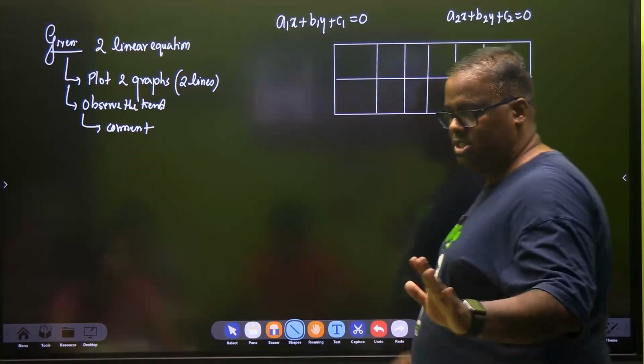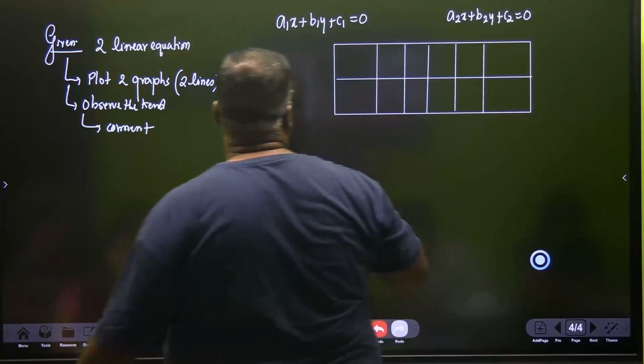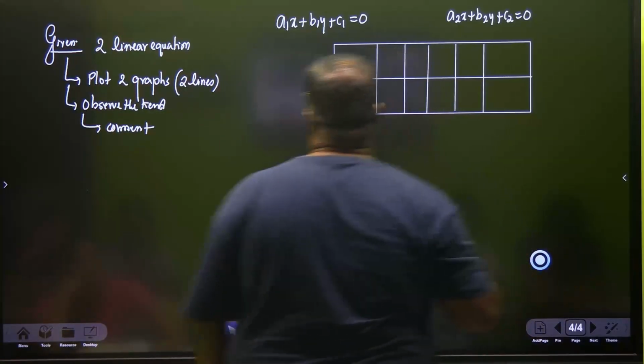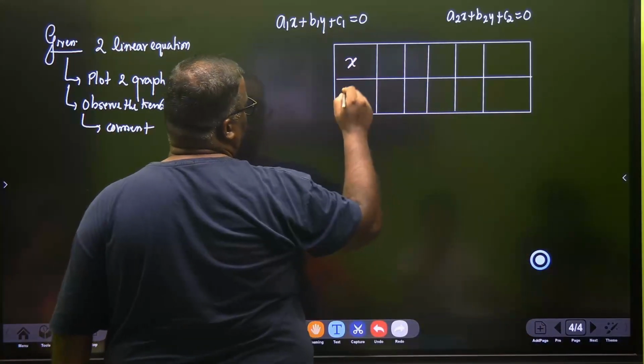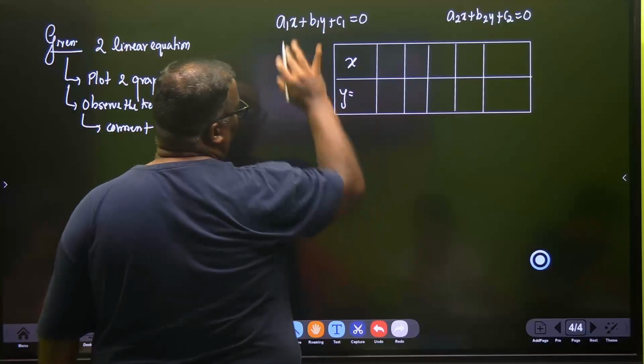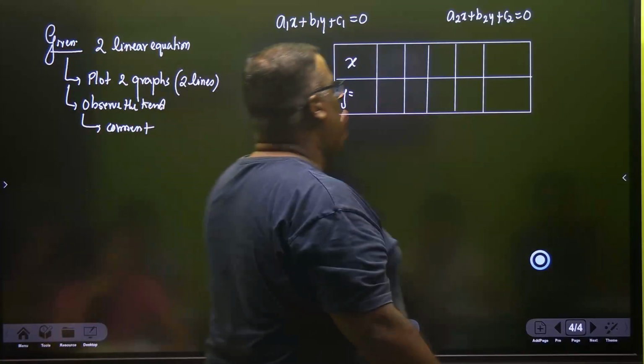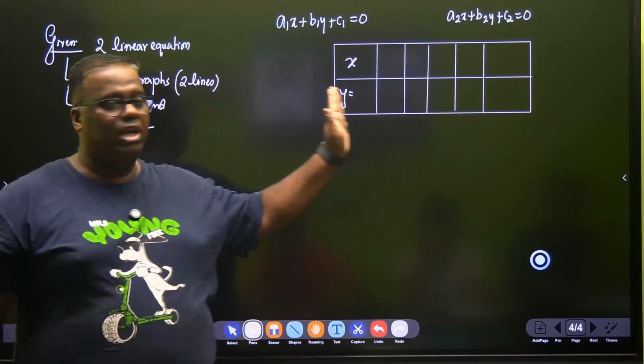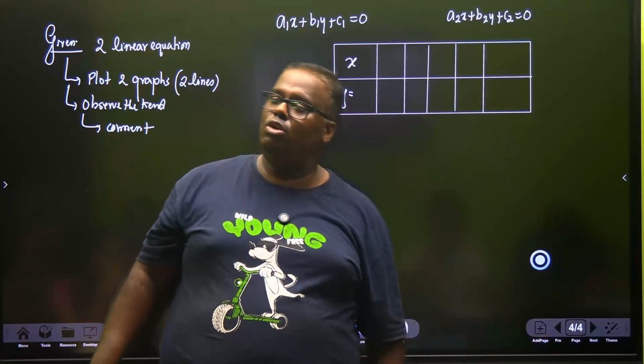Listen to me, okay? You will have an x and you will calculate the value of y based on the equation that is given. You will take 5 values of x, you will get 5 values of y, and then you will plot a graph.